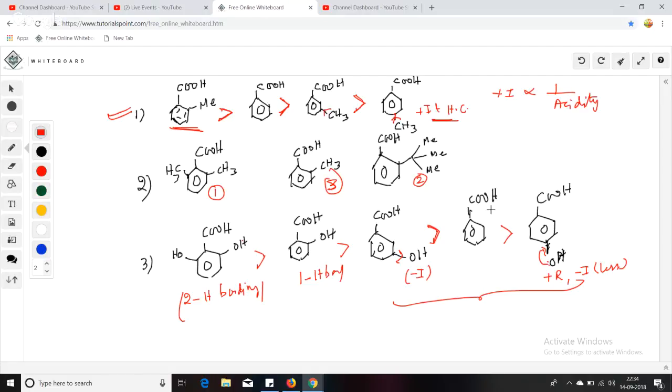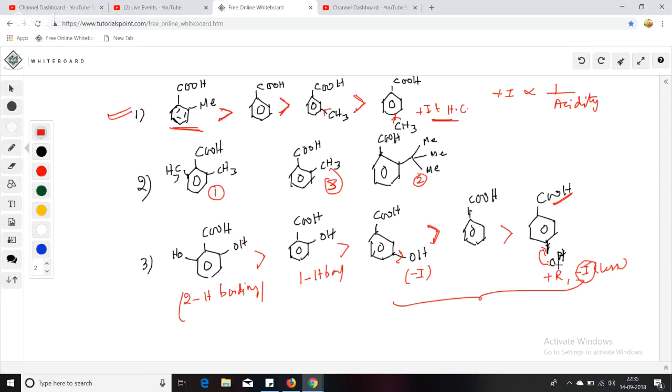So basically, to sum up all this, one thing you see: because of the electronegativity difference, it has a tendency to withdraw electrons. But this is the minus I effect, and it won't affect the acidity of this much because it is far from this, at the third carbon. So minus I is not dominant over here.